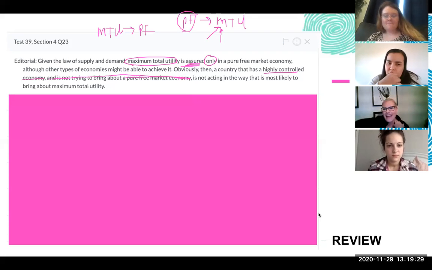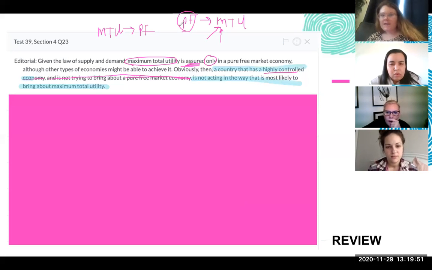This is where I'm like, I don't know the flaw, but I know what it is. I don't know the name. I don't think any of you know the flaw actually. Really? So because we're saying a country that has a highly controlled economy is not acting in a way that is most likely. Because what is the most likely way? To be a pure free. Right.